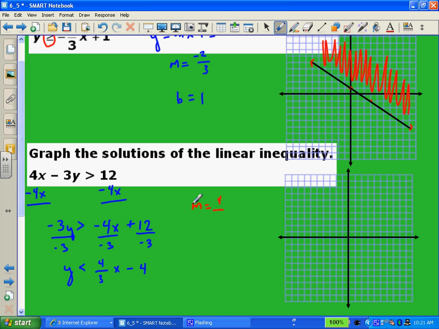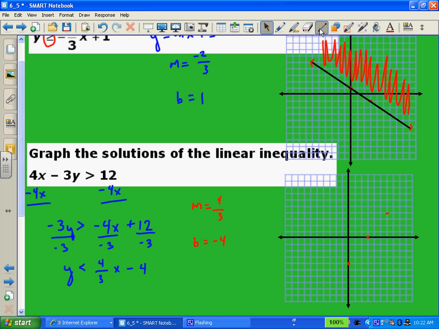I can see that my slope is going to be 4/3 and my y-intercept is going to be negative 4. So I'm going to start at negative 4. And then from there I'm going to go up 4 over 3.